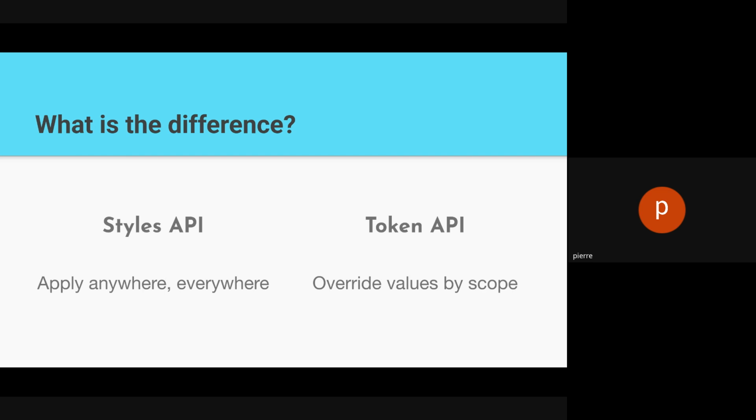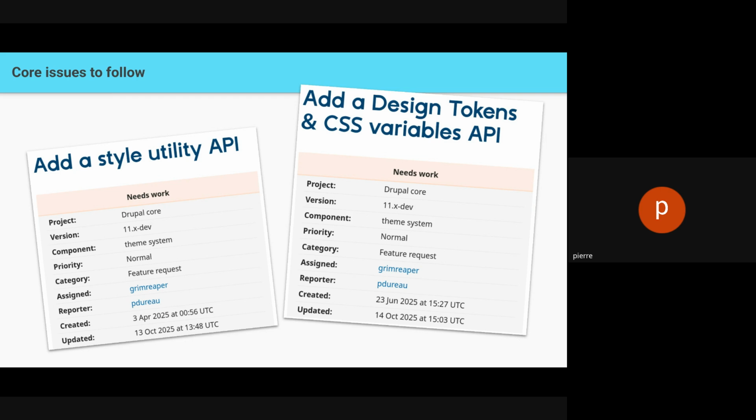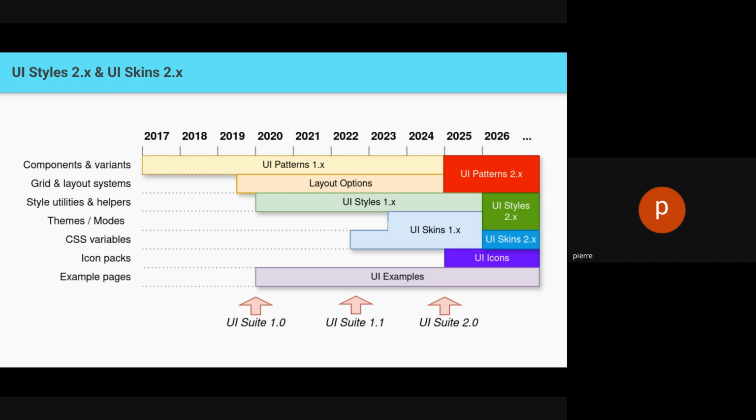So the two are complementary, but the good news is, when Drupal Core will adopt them, that means every API will be in core. That means now UI Suite will only propose modules to help people using the API. Because like UI Patterns 2 was UI Patterns 1 with SDC, UI Styles 2 and UI Skins 2 will be UI Styles 1 and Skins 1, but with the core API.